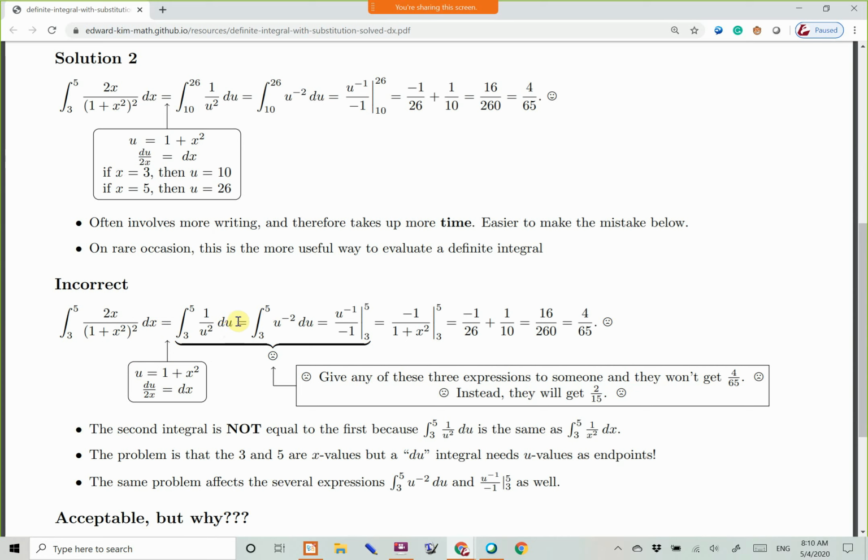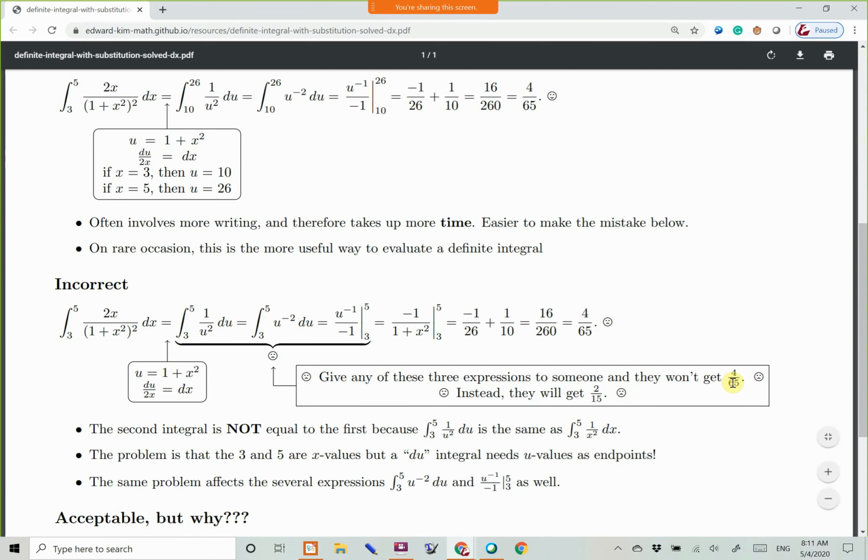This will happen, and somewhere in the process, if you get lucky, you go back to substituting things back, and then these 3 and 5 refer to x's again, you would end up with 4 over 65. The problem is, and I've underlined these 3 down here, if you take any of these 3 problems and you just hand them off to somebody else without showing them the sheet, they won't get 4 over 65. You should work out that they will actually get 2 over 15.